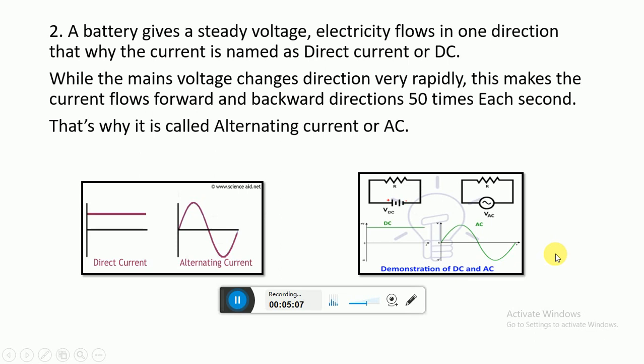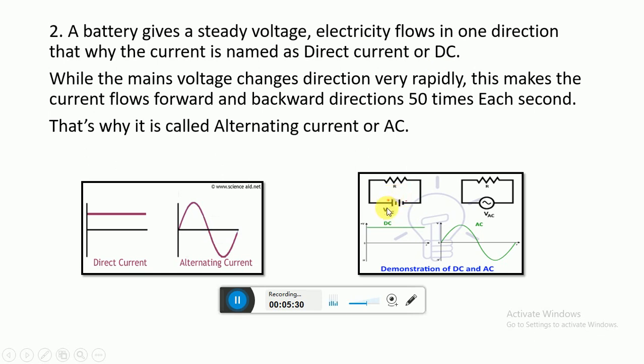Now the second difference: a battery, as I told you, provides a steady or constant voltage. When the voltage is constant, the electricity flows in one direction. That's why it is named direct current or DC. Okay, here look at the figure.